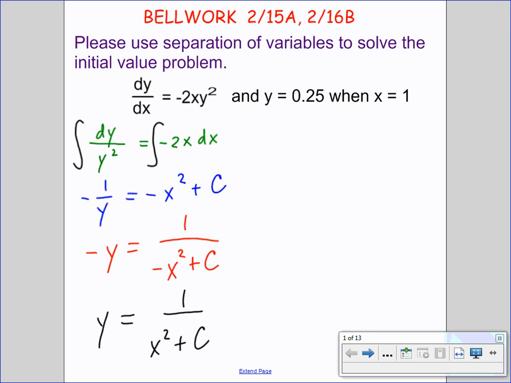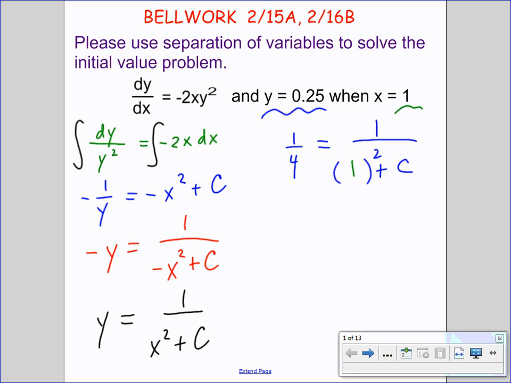We know that y equals 0.25, all right, y equals 0.25 when x equals 1. When x equals 1, is that right?